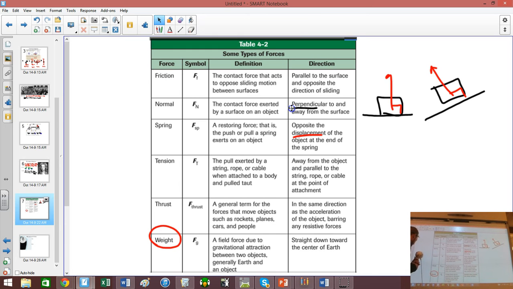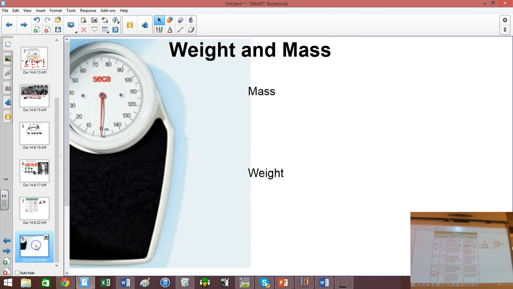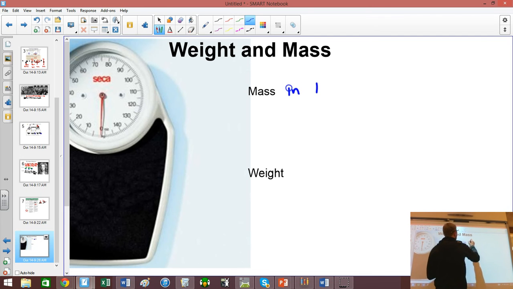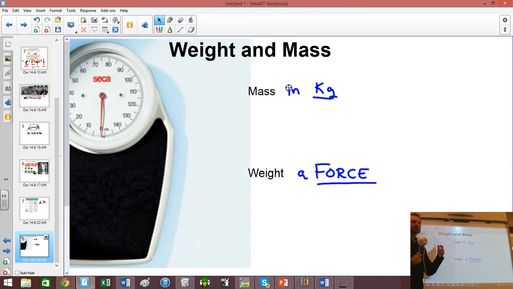And that's what I want to talk about last for today, the difference between mass and weight. We measure mass in kilograms. Weight is a force. Up on the International Space Station, you don't have any weight. You're weightless. But you still have mass.